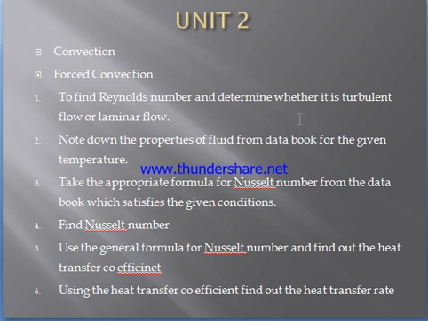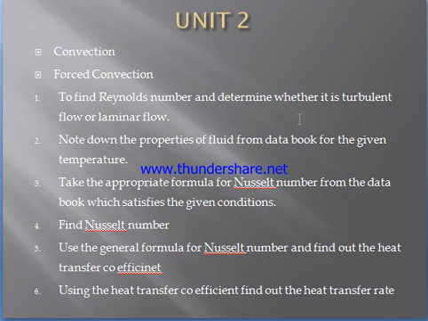Now we have to find out the Nusselt number. Once the Nusselt number is found out, there is another formula for Nusselt number, that is hL by k or hD by k, where h is the heat transfer coefficient, L is the length, and k is the thermal conductivity. If it is a cylinder or sphere, we have to use the diameter, not the length.